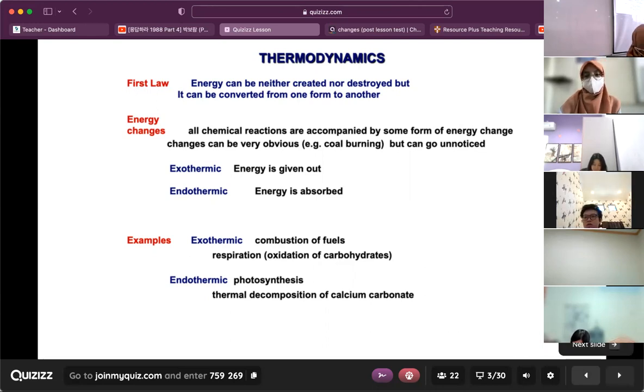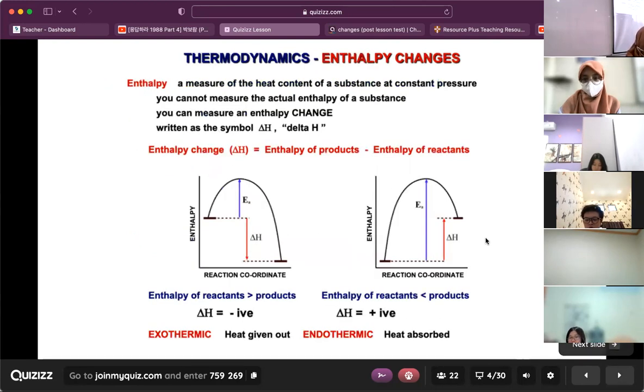No? Okay. Next one, we are still in thermodynamics and enthalpy changes, but now we are going to move to the definition of enthalpy. Enthalpy is the measure of the heat content of a substance at constant pressure only. You cannot measure the actual enthalpy of a substance, so we can only measure the change of enthalpy.